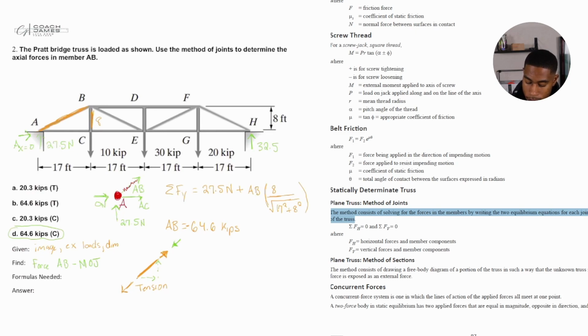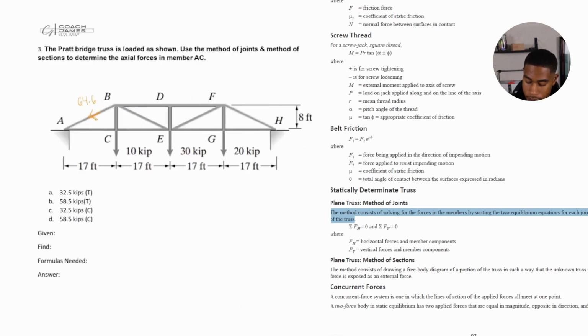I know that we have an upwards force of 27.5. That's external. I know that this is equal to 0. And we're trying to find this, and I'm assuming that it's this way.